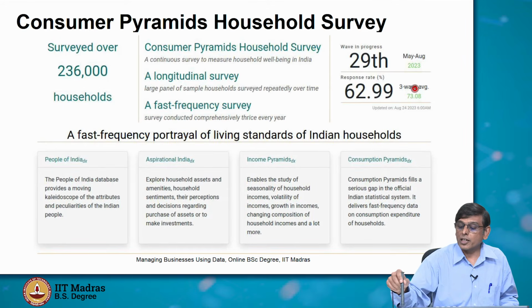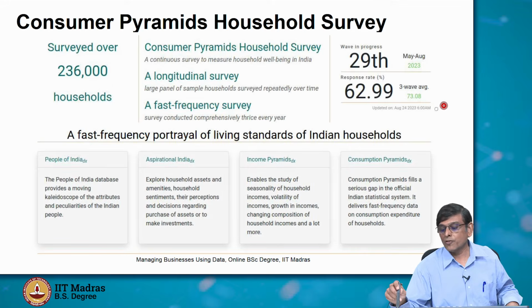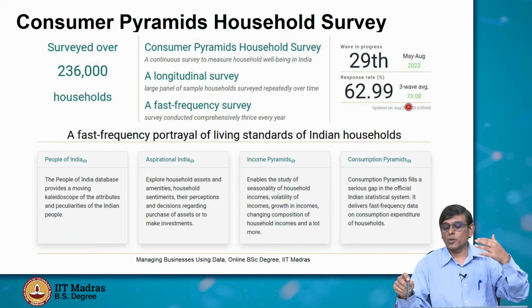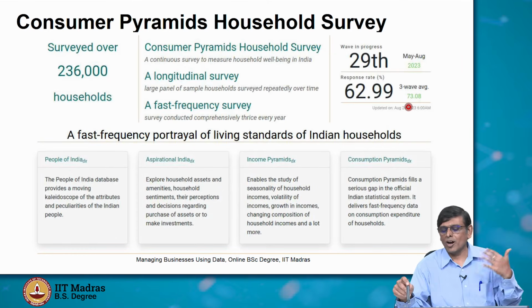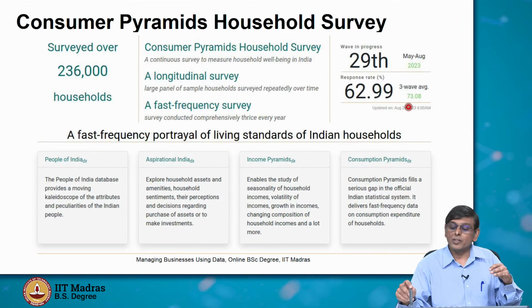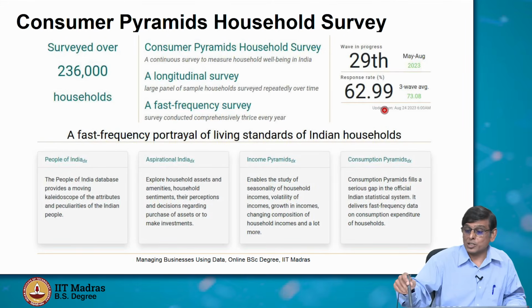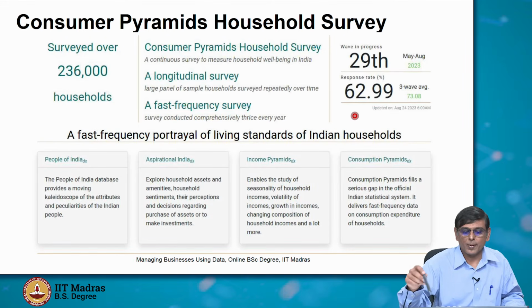The response rate at this point in time is 62.99%. On the average, they get about 73% responses, which means that if they go to a house and try to get a response, many may not be there, the house will be locked, there will be reasons, but they have been able to get some response from 63% of the houses, which is extremely good.